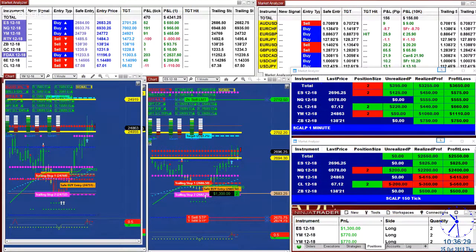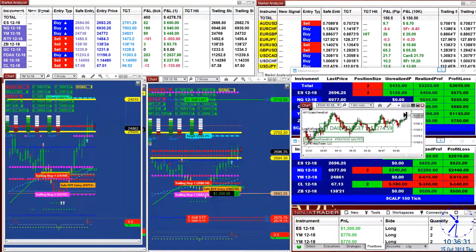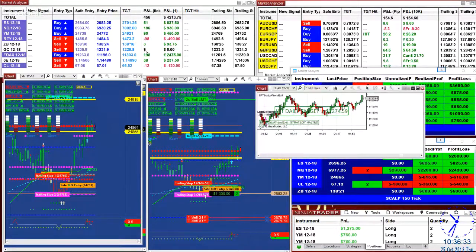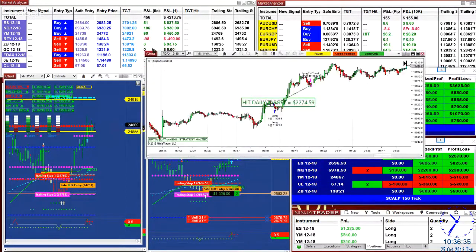The reason I like the 1 minute better is, first of all, there is stability, and the stop loss on the 1 minute is very acceptable, whereas on the 3 minutes the stop loss is a bit higher. The stop loss is not a fixed stop loss. On swing trading you cannot use a fixed stop loss.